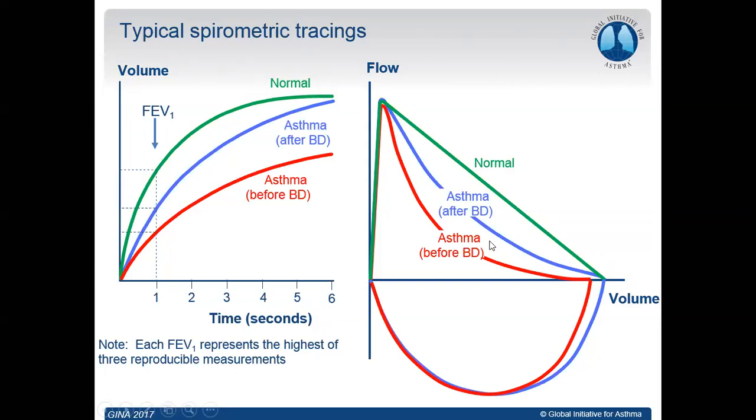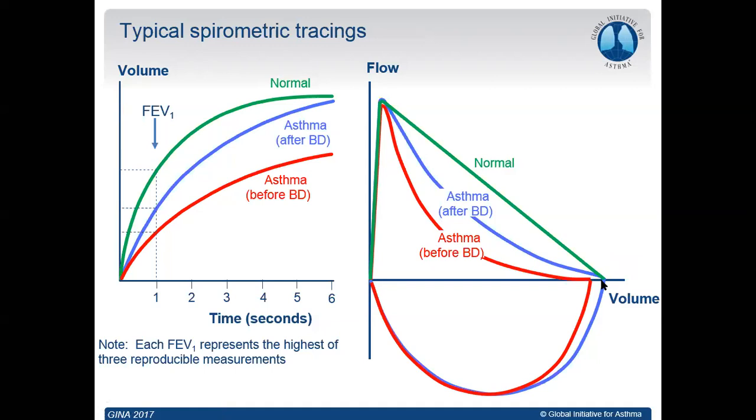And this is the flow volume curve. This is the volume which you are exhaling, and this is the speed with which you are exhaling. Obviously asthmatics, because of the restriction, have this scalloping.